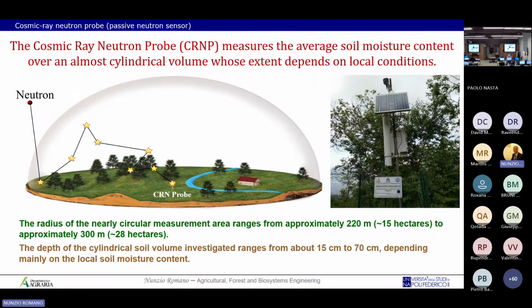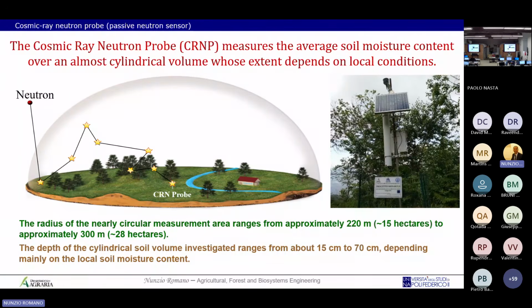What is really interesting and makes this very useful, especially when you want to compare the information that you get from a satellite, for example, is that the average radius of the measurement area ranges from 15 hectares to even more than 25 hectares.